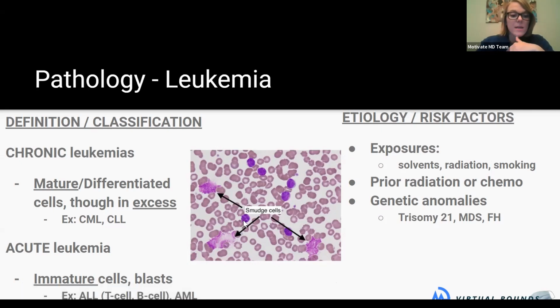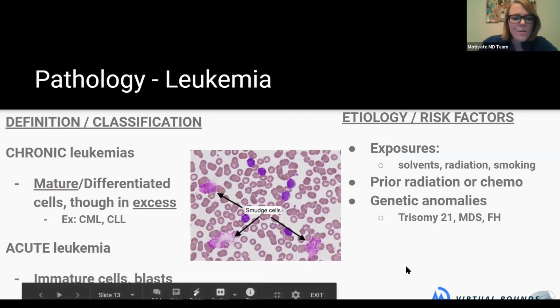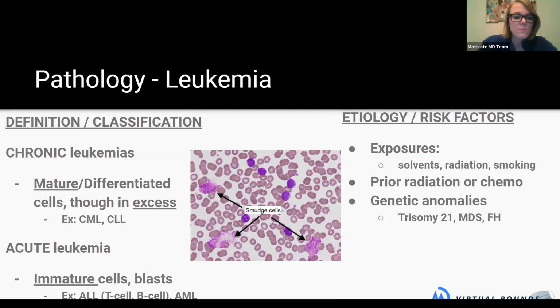That might be because I played and coached soccer for many years, so maybe that's just my mind trying to make a connection. Make it whatever you remember. So that's CLL.